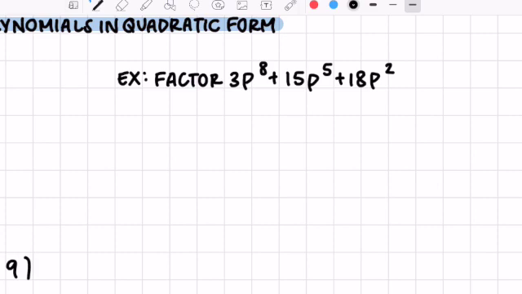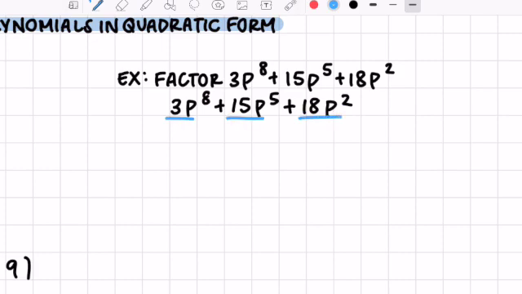So for this one, I'm going to start off first by seeing if there's anything that I could divide out of all three. And I could see here that I could probably take out a 3p to the power of 2 from every single term.